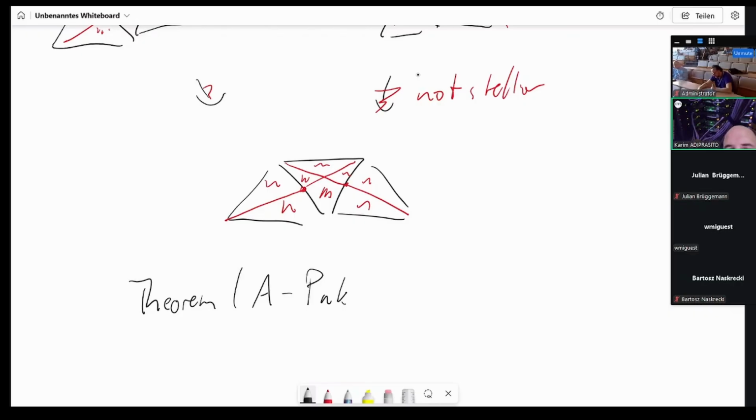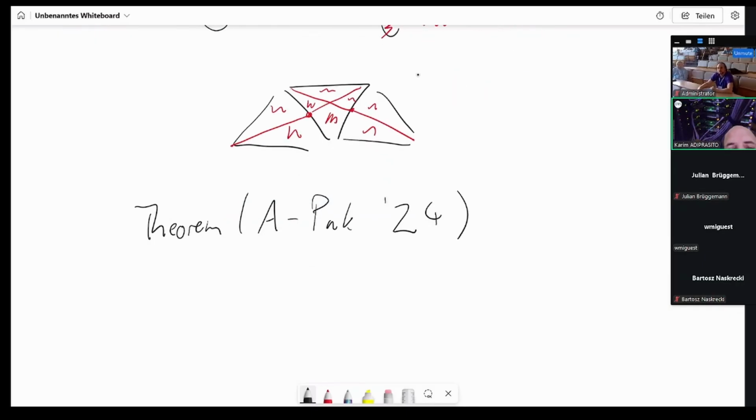I don't remember the arXiv number, but you can look it up. It's from last year. And this is the Alexander conjecture, or, let me say, I asked it as a question now, Alexander's question has a positive answer.